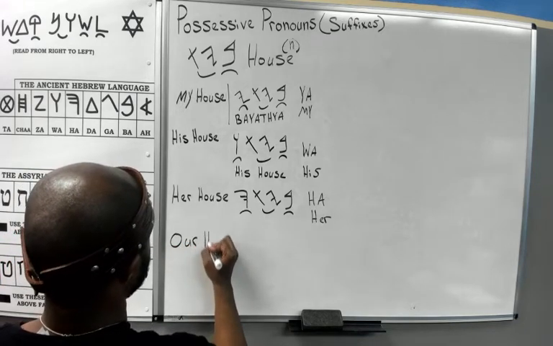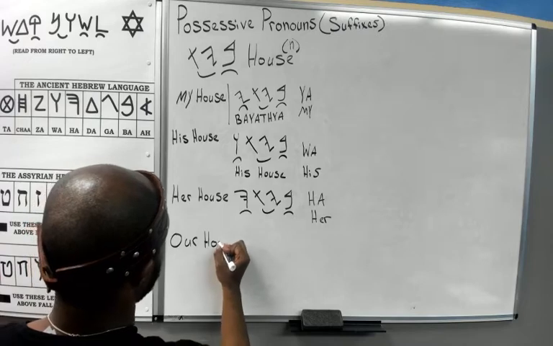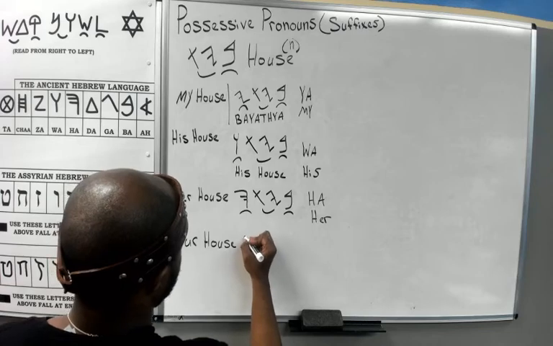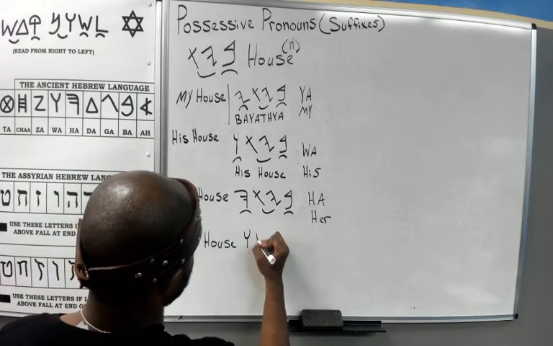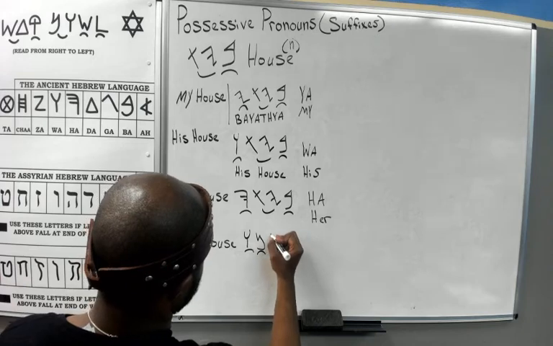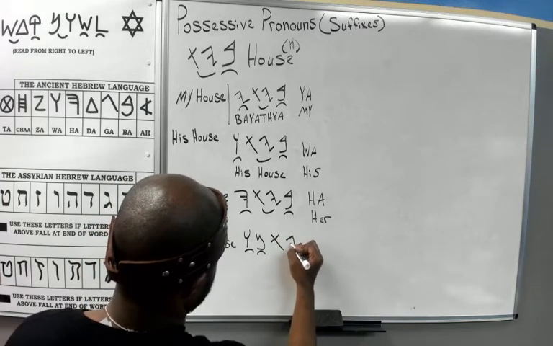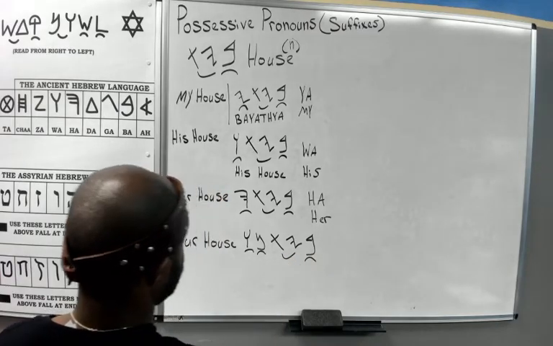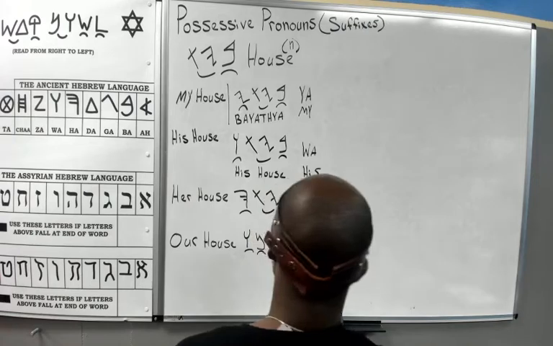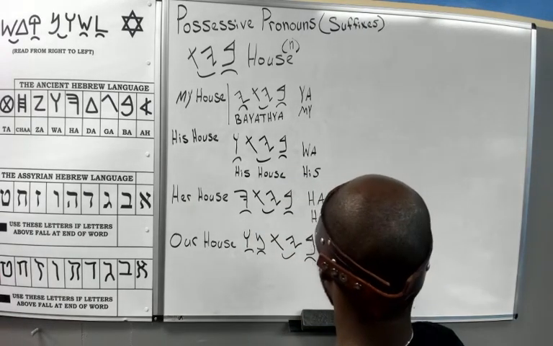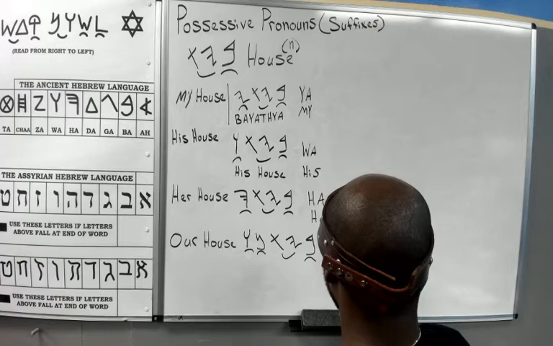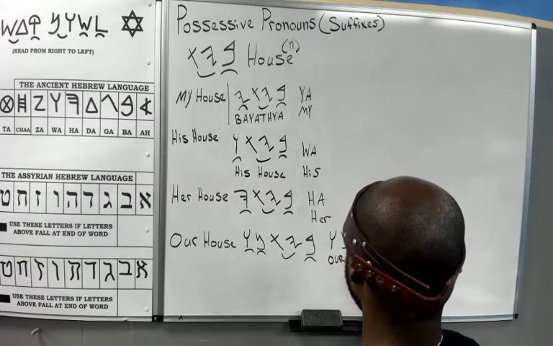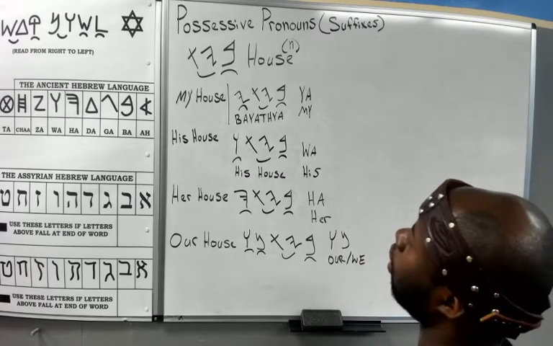In the Hebrew, our is anak nawa, but we're going to use the abbreviation for it, which is nawa, and put it at the end. So it'll be bayaf nawa. Nawa, as I write over here, is simply going to mean our or we in the Hebrew, as the abbreviation for anak nawa.